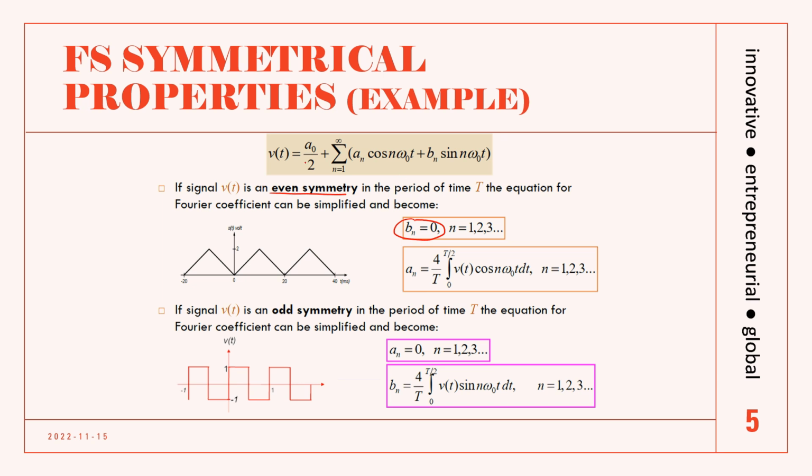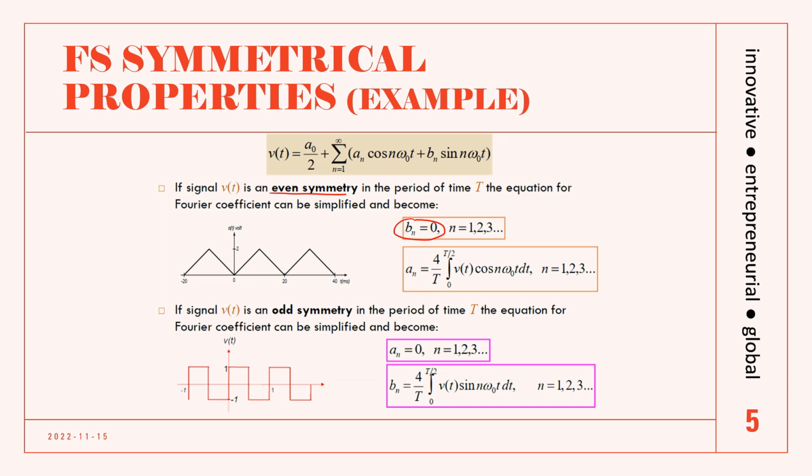If the equation is given to you, you can straight away look at the value of bn. If the equation is not given but the graph is given to you, you can identify from the graph that this is a symmetric graph, so straight away you know that bn is equal to 0.